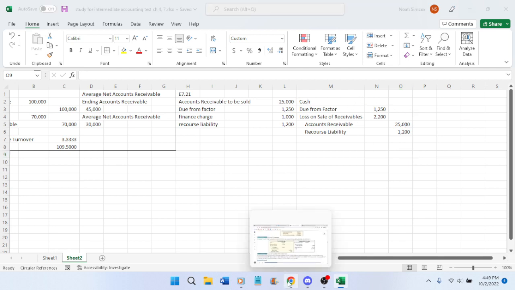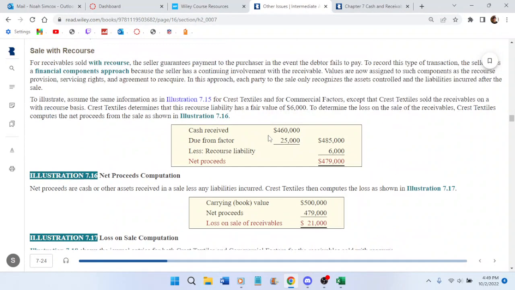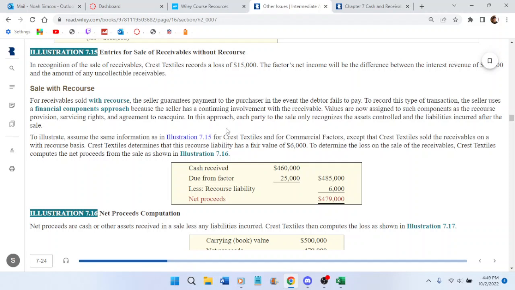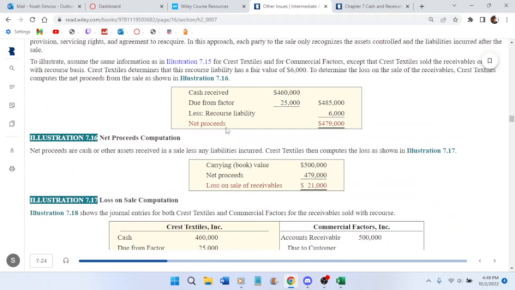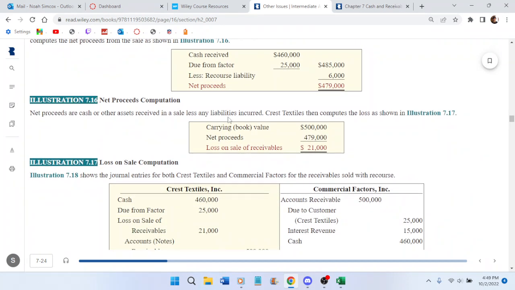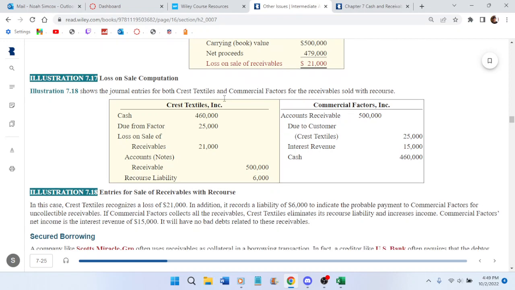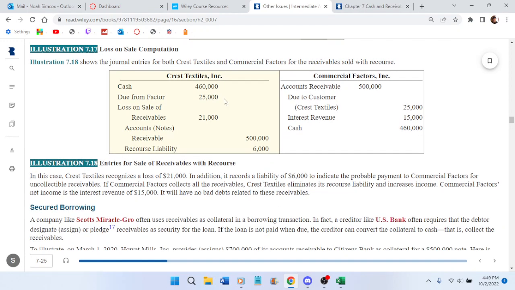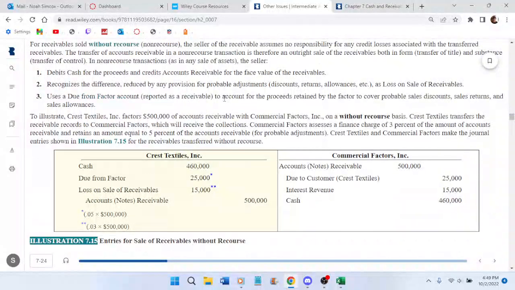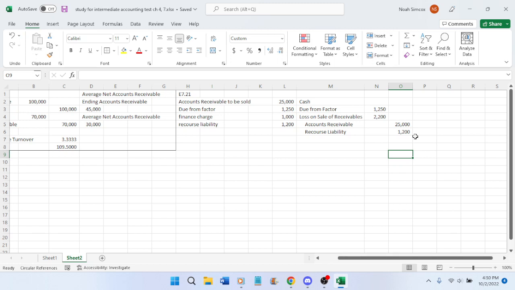Is there an easier way to calculate the cash amount? How did they calculate cash?